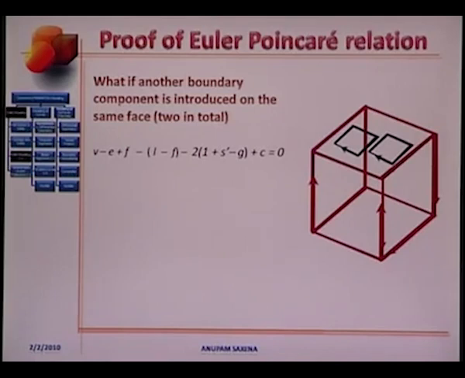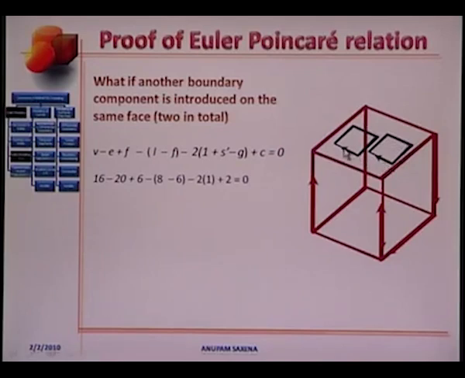Let's see how the previous relation pairs. Well, we had this relation here. We compute the number of vertices as 16, 8 from the original solid, 4 here and 4 here. The number of edges will be 20, 12 from the original solid, 4 from this boundary component, and 4 from this boundary component.